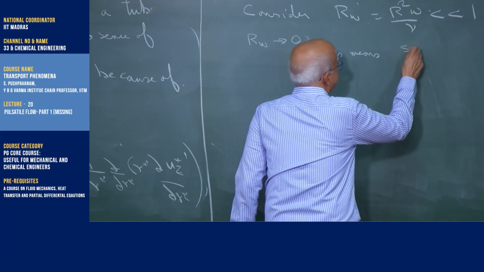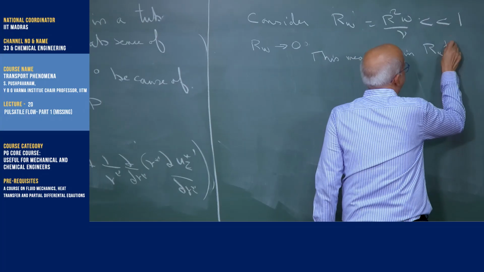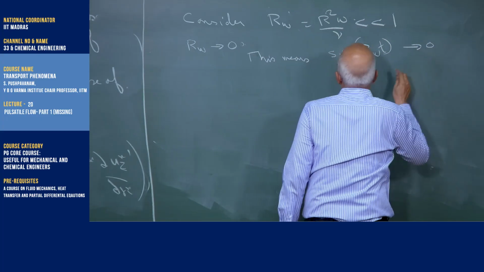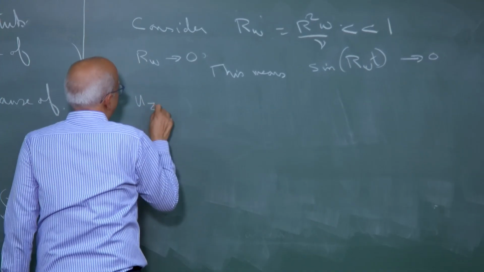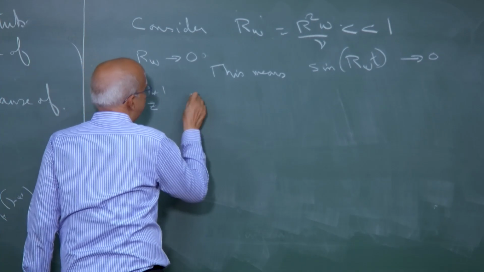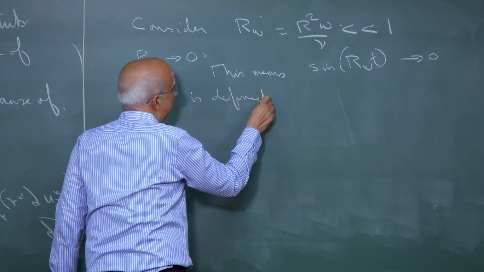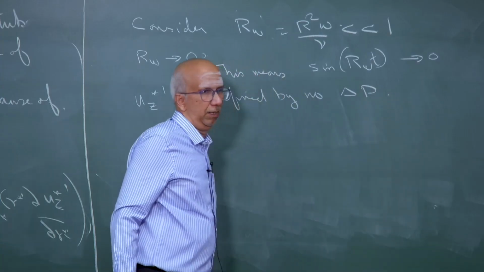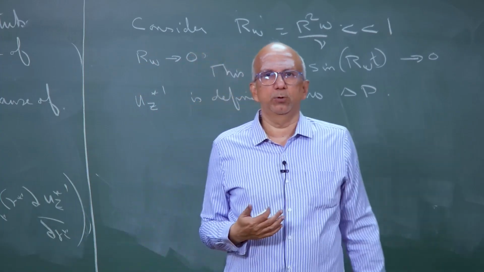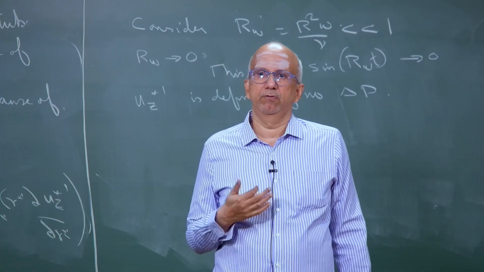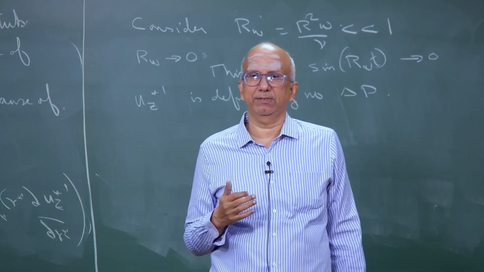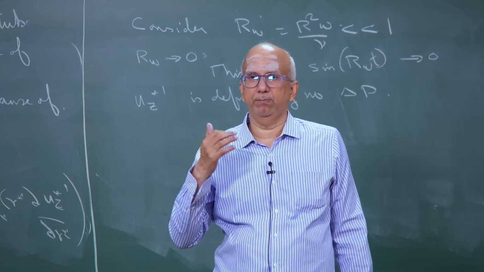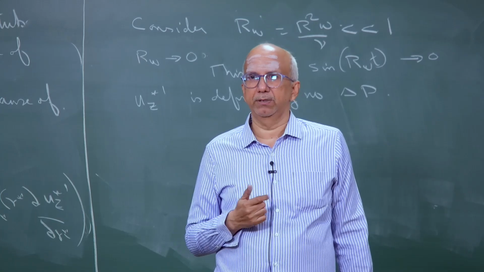Okay. Here this means sin RWT goes to 0 and u z star of 1 is defined by no delta P. And what we wanted to do is we wanted to understand how does the flow behave when there is a pressure gradient which is varying periodically in time with small omega.